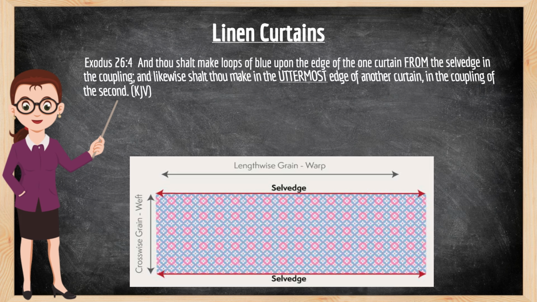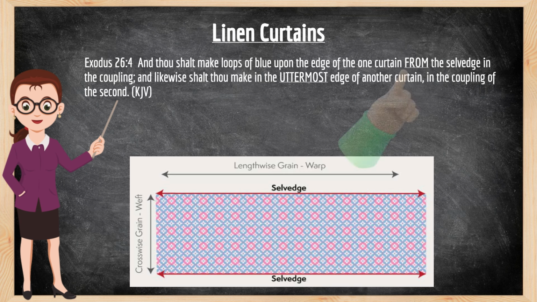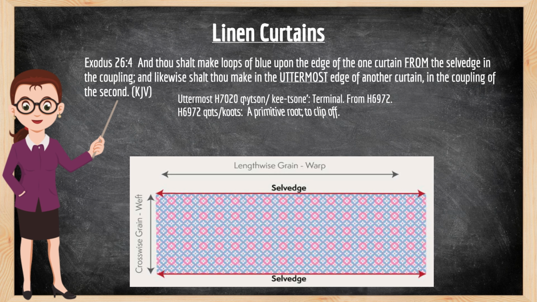So another thing King James tells us, which I see as a big clue that others seem to overlook, is that it is sistered from, not along, the selvaged edge. So it sisters from that starting point, the selvage at the top, and runs along the uttermost edge.